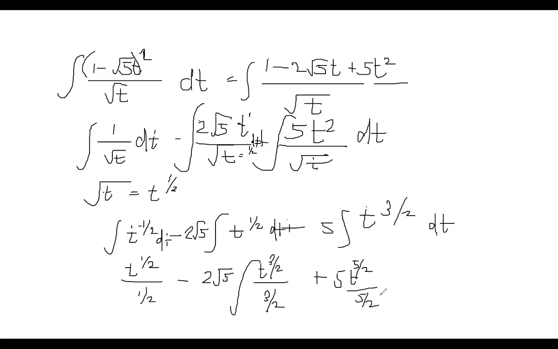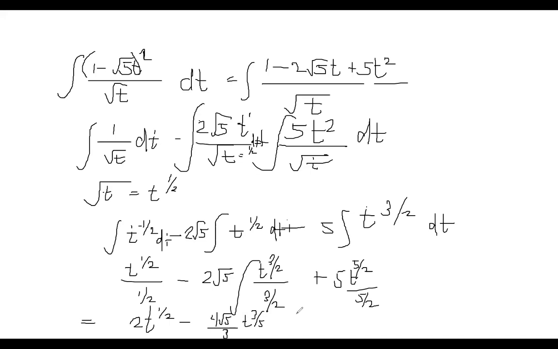Right, so our goal now is to simplify this further, which will result to 2 t to the power of 1/2 minus 4 square root of 5 over 3 t to the power of 3/2.